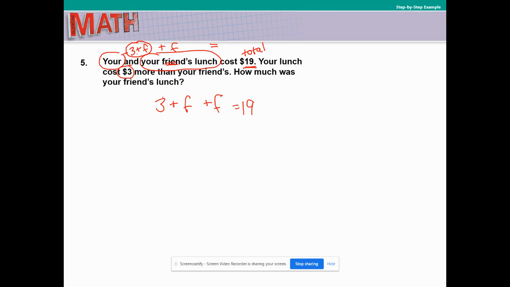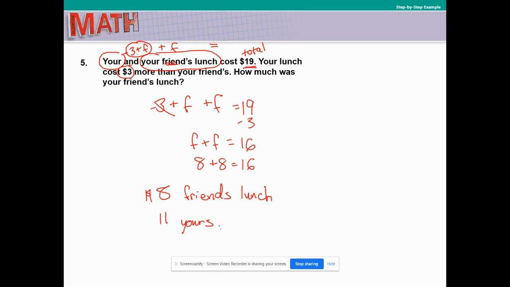And so the first thing I'm going to do is take away that extra $3, subtract that 3 from both sides, and that's going to give me that the friend's lunch plus another of the friend's lunch, the equal amounts, would equal $16. So I know that the friend's lunch must have been 8, because 8 plus 8 is 16. So $8 was the friend's lunch, and yours was $3 more. Yours was $11.